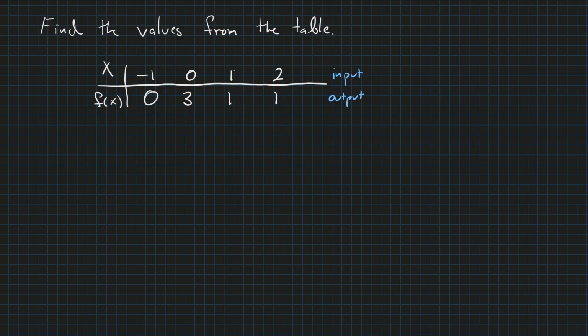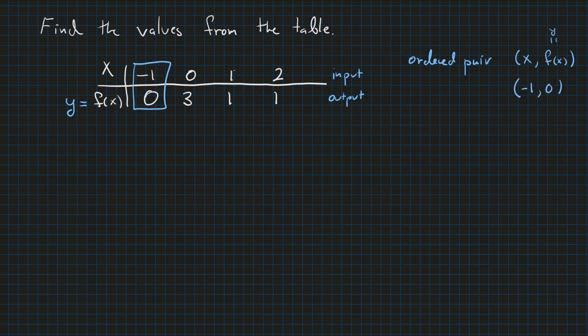Here, f of x is replacing y, so y is equal to f of x. An ordered pair is x, f of x, replacing y there. The first point here corresponds to the ordered pair -1, 0.